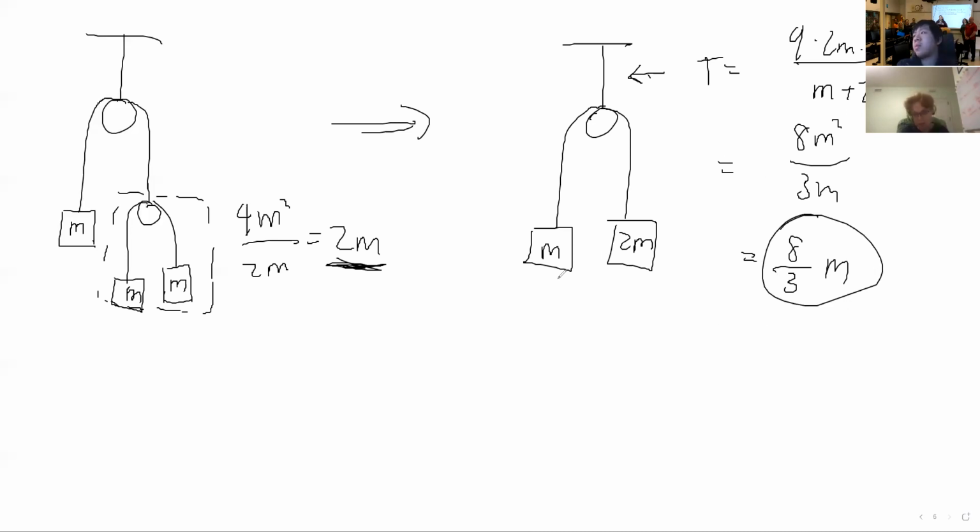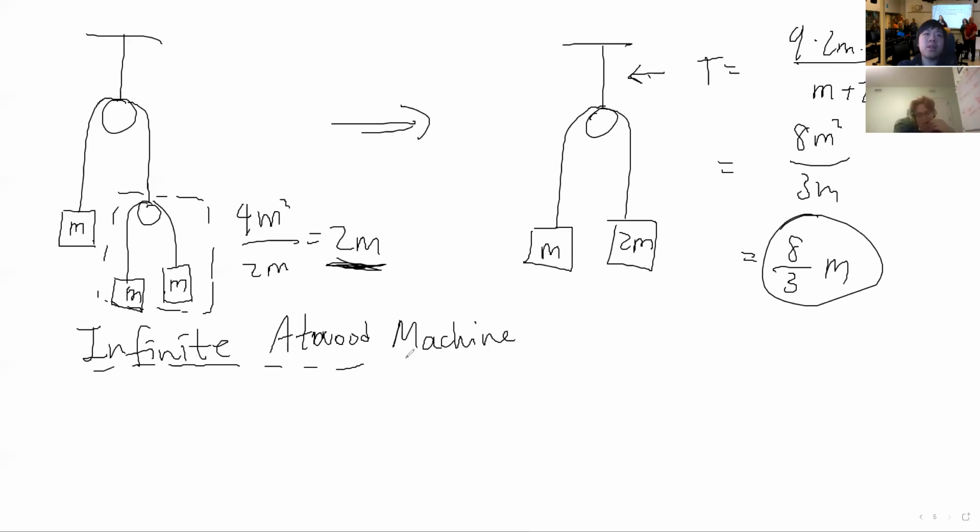This is exactly where I am going. So now we're going to look at the infinite Atwood machine. I'm actually going to go to a new page for this.